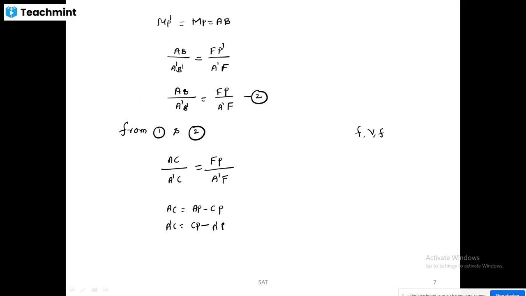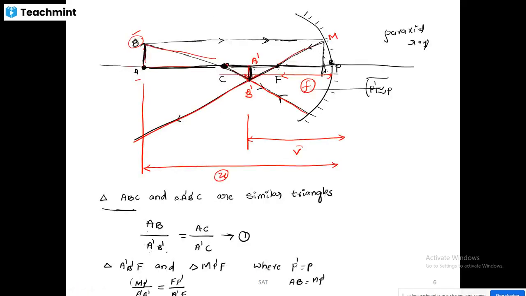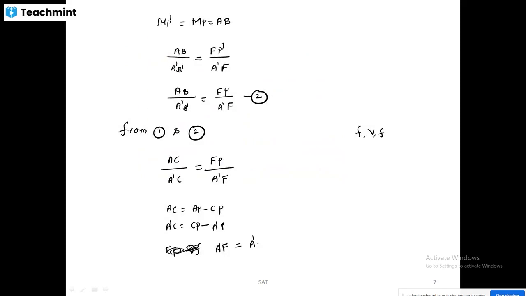Next, what is FP? FP is the focal length, there is F. Next, what about A dash F? A dash F is equal to A dash P minus FP.